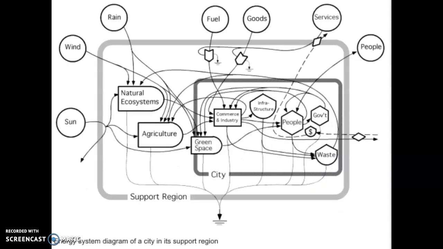So let me show one more example. Sun, wind, rain, fuel. These are all sources, so we use circles here. The energy comes from sources. We use the arrow here. These are natural systems, which is plants here. These are our producers, so we use the producers symbol here.